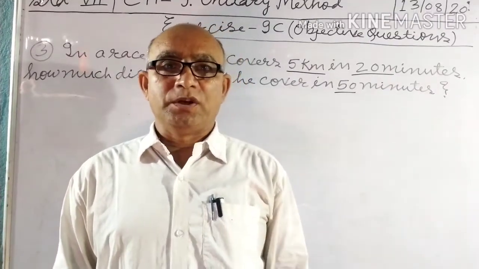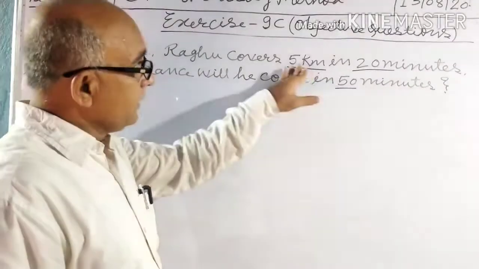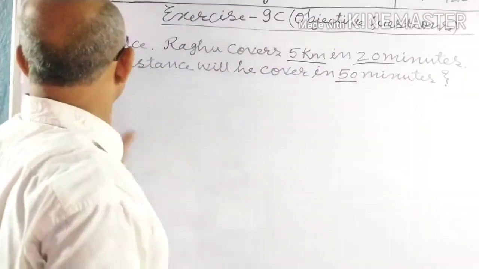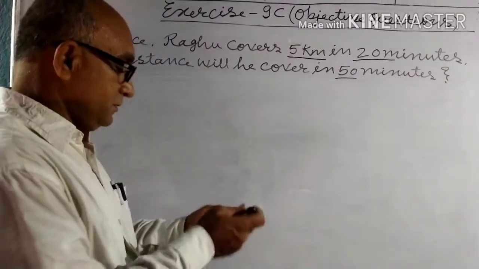Next question, question number 3. In a race, Raghu covers 5 kilometer in 20 minutes. How much distance will he cover in 50 minutes?